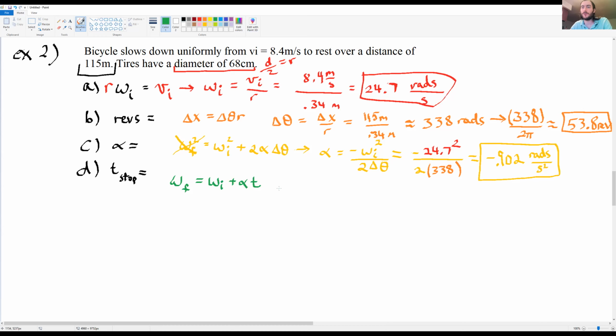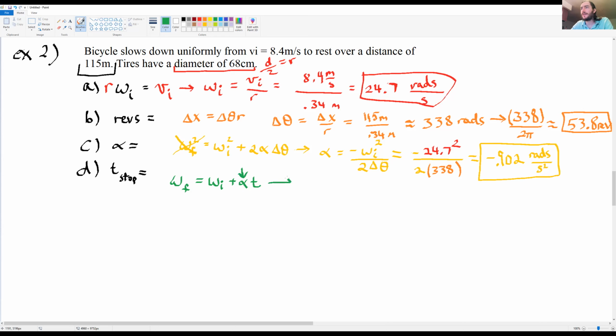Okay, so here's one of our rotational kinematic equations. We'll solve this for t. And don't forget that alpha here is a negative number. Okay, we want to make sure we plug in a negative value for alpha.